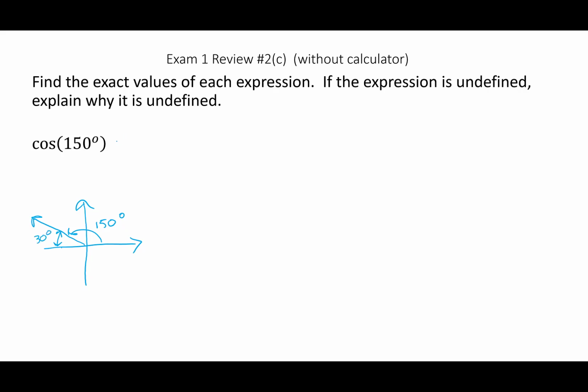In quadrant 2, the cosine is negative. So we find the cosine of 150 degrees by taking the negative of the cosine of the reference angle of 30 degrees. The cosine of 30 degrees is square root 3 over 2. And that would be our answer then, negative square root 3 over 2.